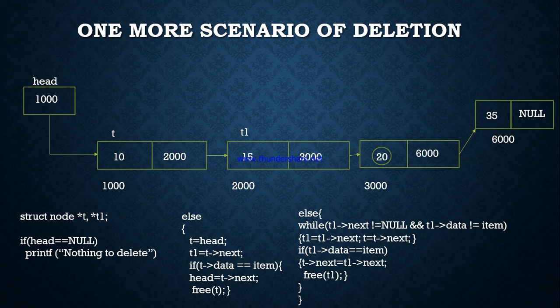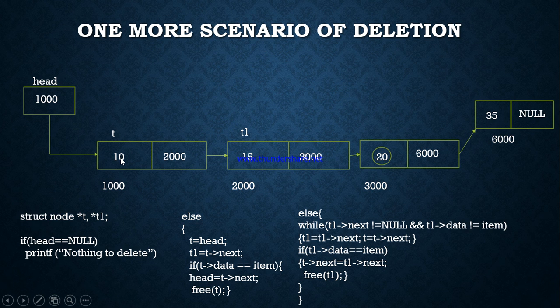Now if T of data equals item, suppose T of data here is 10. If we were searching for 10, then T of data equals item, and this condition would be true.